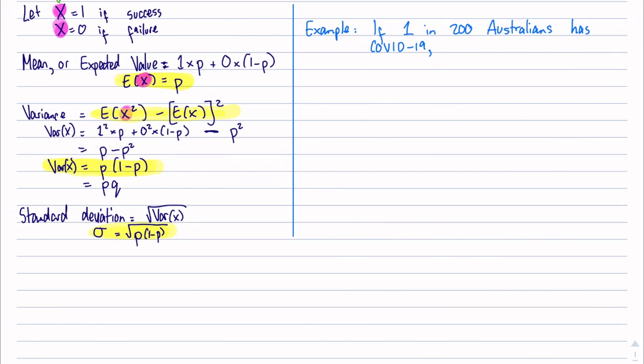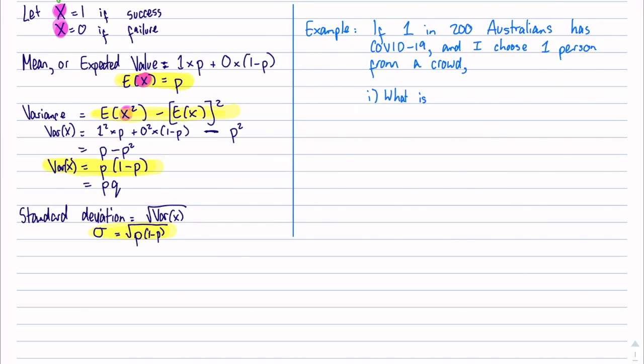So Bernoulli is only if you're having one trial, and I choose one person from a crowd. First one, what is the probability that they have coronavirus?